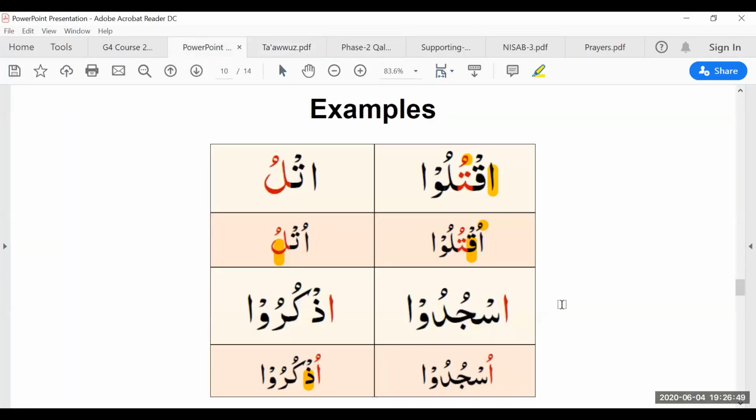So keep practicing, and inshallah it should get better. And here the raw sound, you made it thick as well. So that was very well done, because raw is carrying a Dammah, and we know that if it carries a fatha or a Dammah, it has a thick sound.